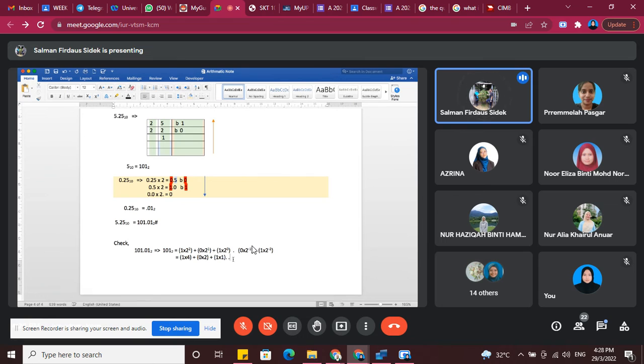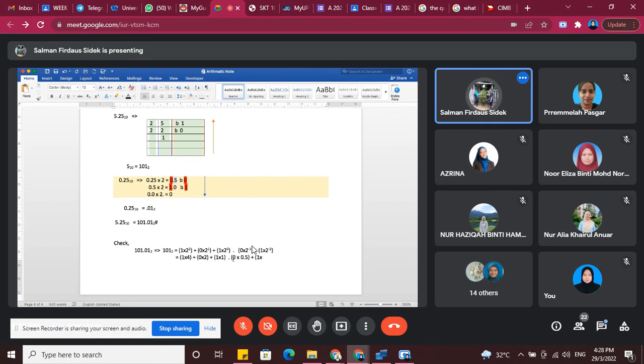So for point here, kat sini kita ada 0 kali 2 kuasa negatif 1 adalah berapa? 0.5. Pandai. Okay. Kemudian 1 over 2 and the power of negative 2.